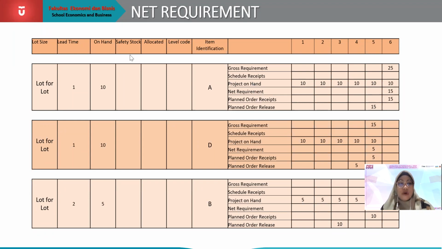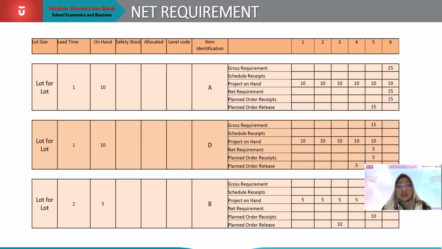So the lead time has already been known from the previous slide, on hand also already known. In this case, there is no safety stock, no allocated, no schedule receive. So you need to know the use of safety stock and on hand, they are part of inventory, and the function of allocated and schedule receive.